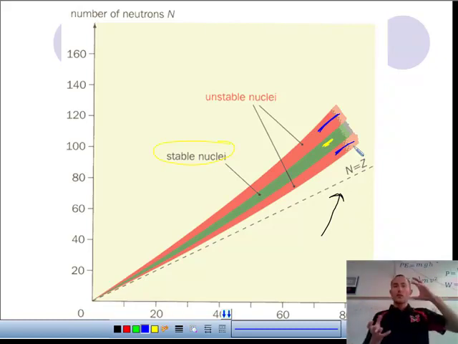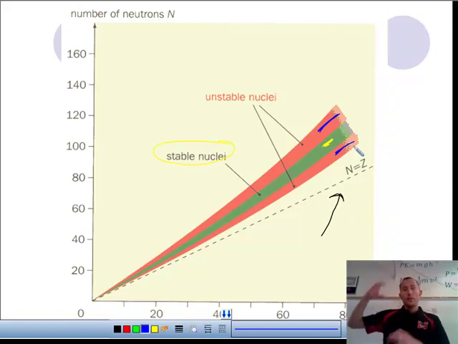But as they get further away, that strong nuclear force can't act over the entire radius or the entire diameter of the nucleus. And so you can see we're having relatively more and more neutrons compared to protons. At the bottom, if you look down there at the smaller nuclei, the number of neutrons and the number of protons are pretty close to being the same.